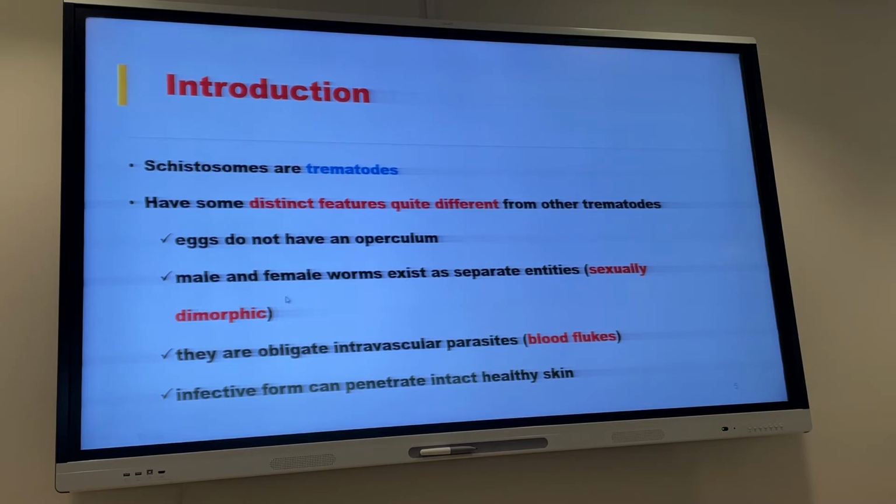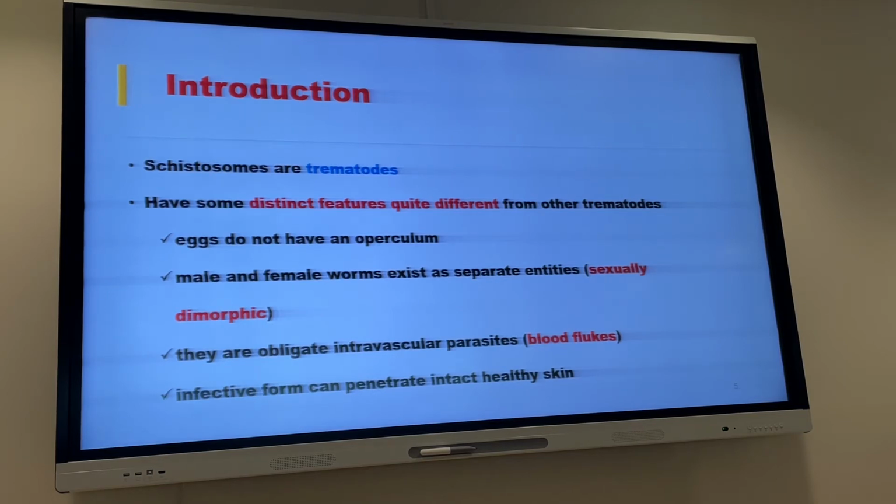With the other trematodes, they have what we call an operculum. The operculum is an opening through which the juvenile worm will escape once it's in the body of water. But with schistosomes, we don't have this structure. So this is a distinct feature associated with schistosomes.